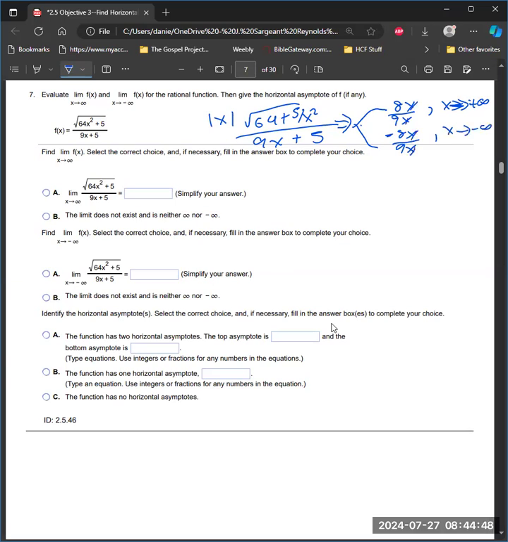So this is 8 over 9 on the positive side, and this should be a negative 8/9 on the negative side. And it has two horizontal asymptotes. The top one is y equals 8/9, and the bottom one is y equals negative 8/9.